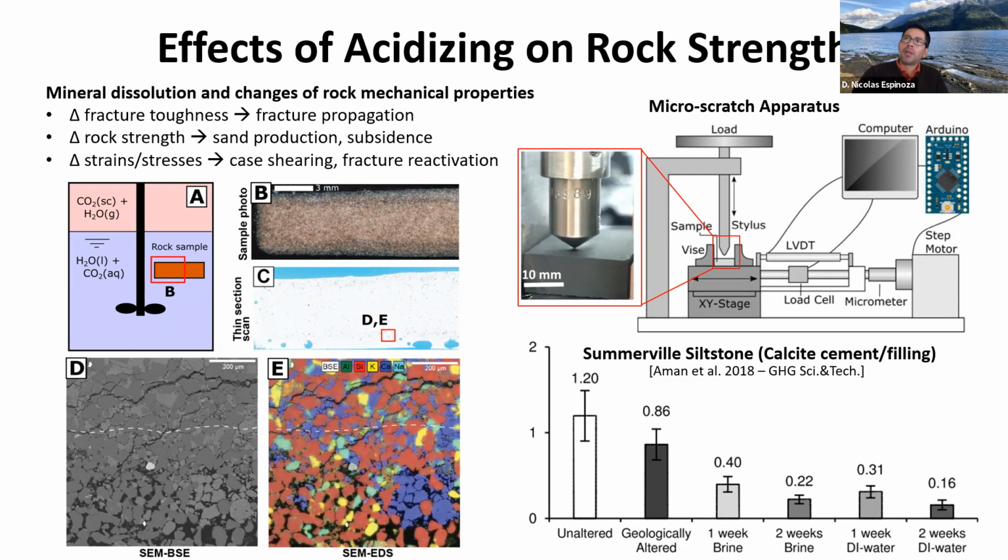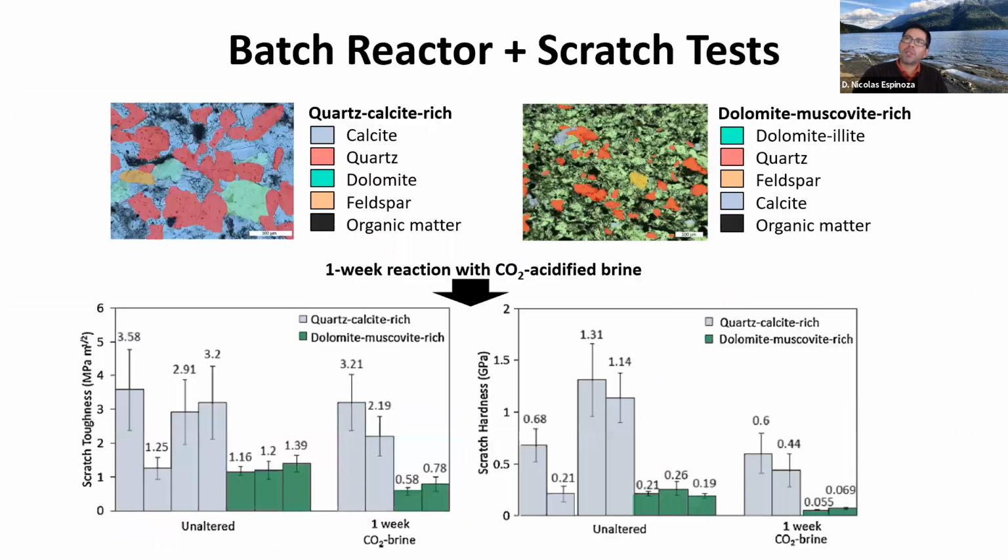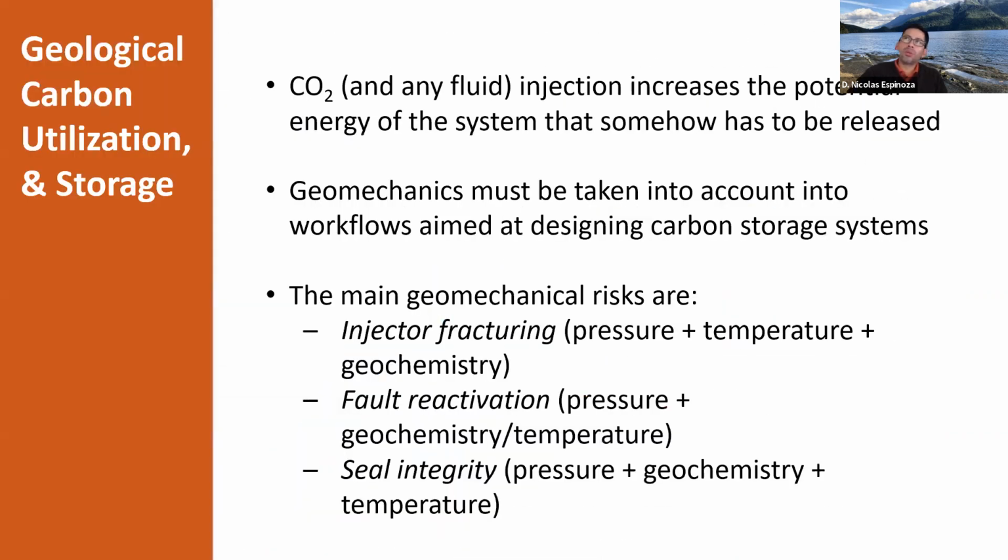All right, so I'm running out of time, so let me skip through this and go to the conclusions. When we inject CO2, we're adding energy to a system, and that energy is going to be released somehow. Our objective is that that energy does not get released geomechanically through failure of the rock.